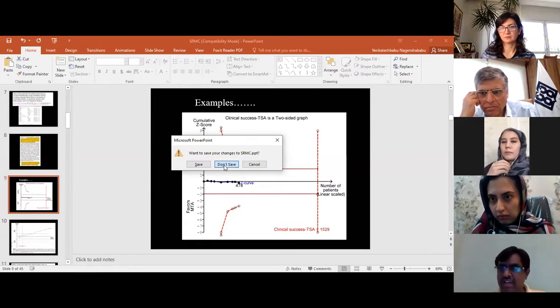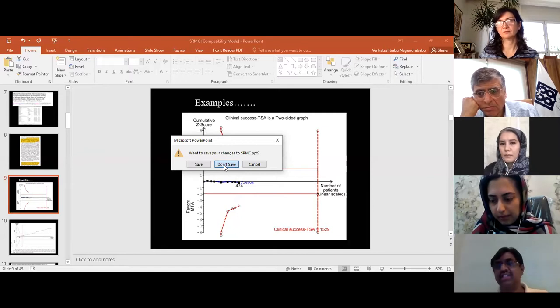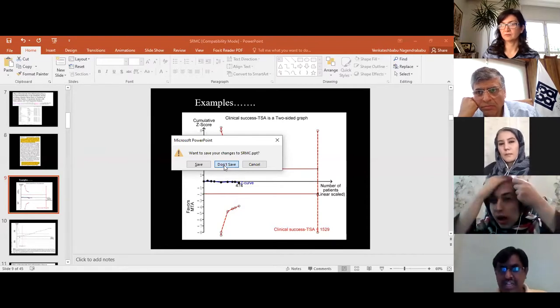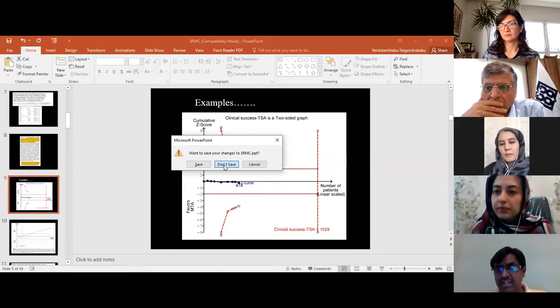The number of samples is not mandatory for a meta-analysis, but how efficient or how good the quality of your meta-analysis is depends on your number of samples. For example, 2 studies with 20 patients, versus the same meta-analysis with 2 studies having 200 patients. Which will be more authentic? 200 patients, right? That is how you have to interpret it.